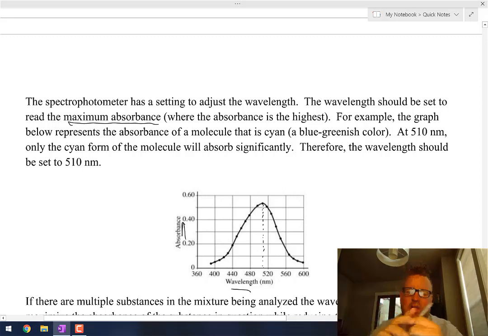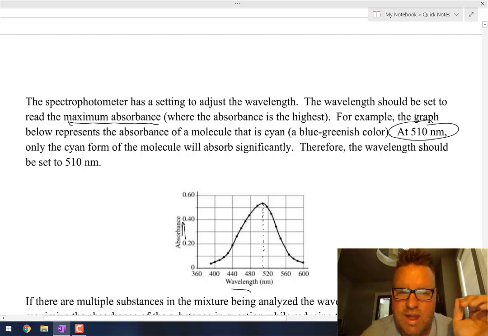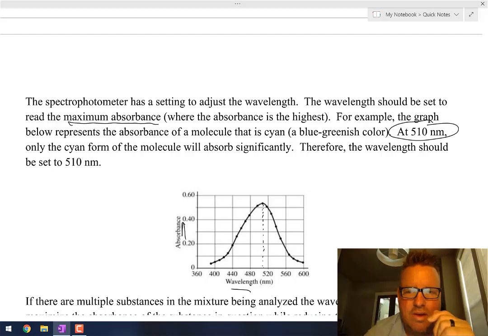What that means is on the spectrophotometer, you actually turn a knob and you set the wavelength at 510 nanometers. And then at that wavelength, more of the light will get absorbed.